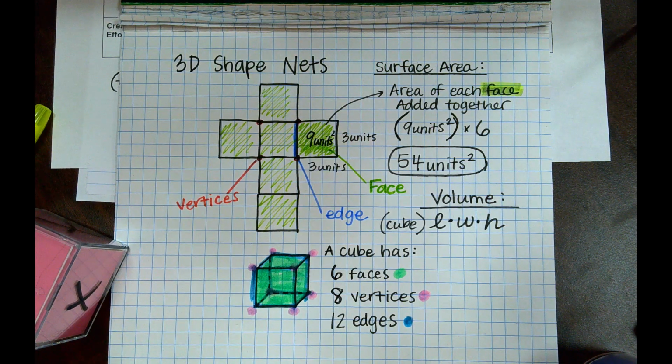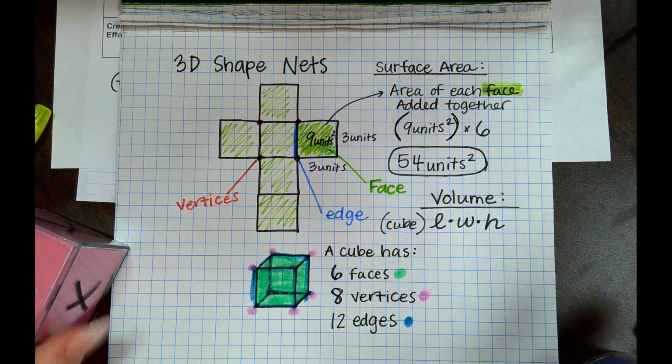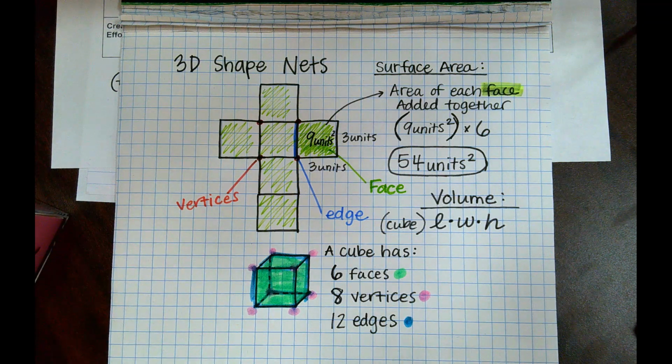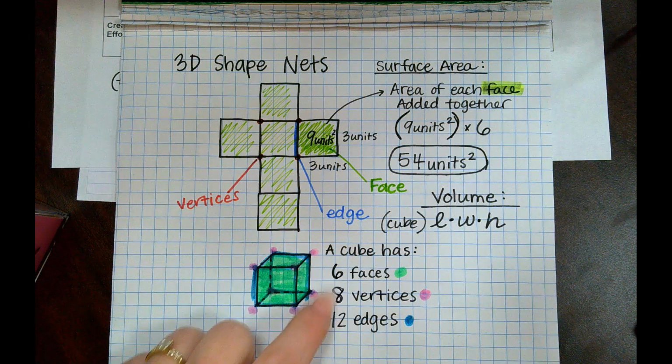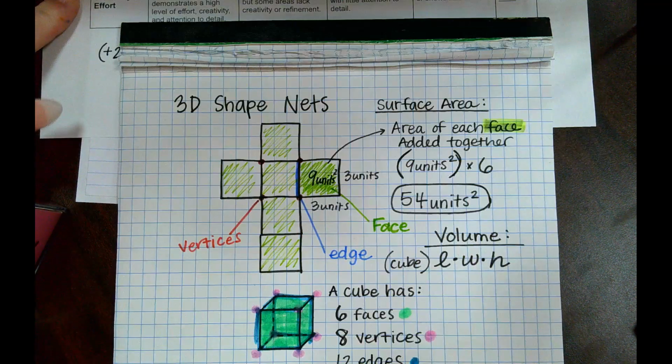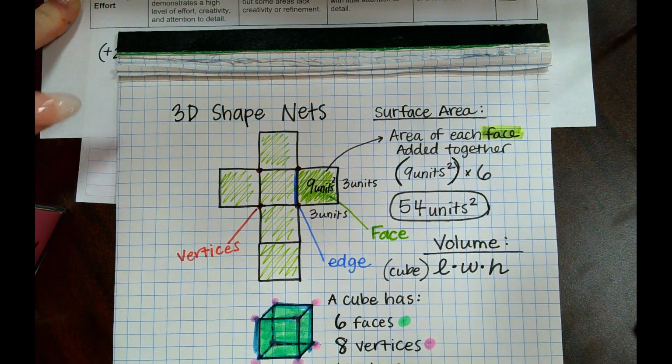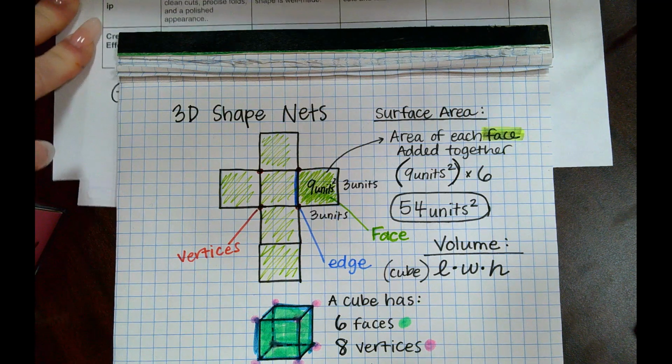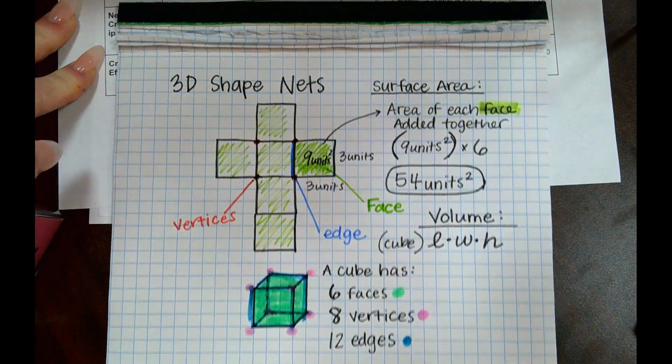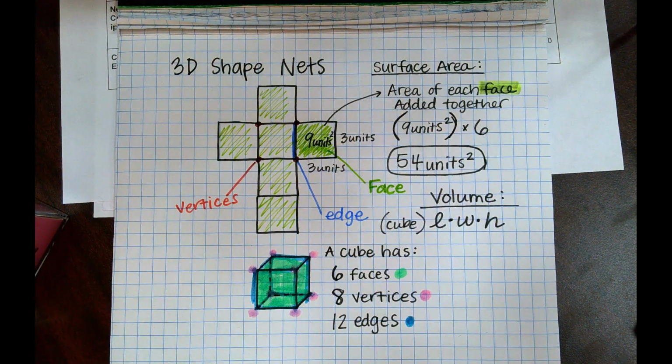There's all sorts of good ones in there. But, so let's see. We've got our surface area, our volume, faces, vertices, edges. I mean, that's really all I'm looking for. Everything else is just making sure that your math is correct, and that it's nice and neat.